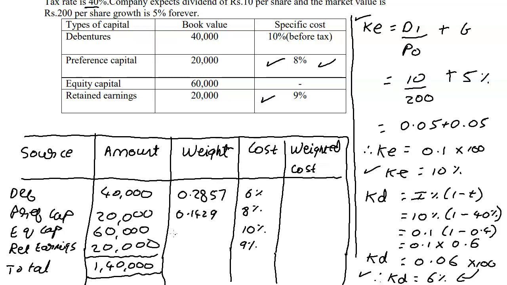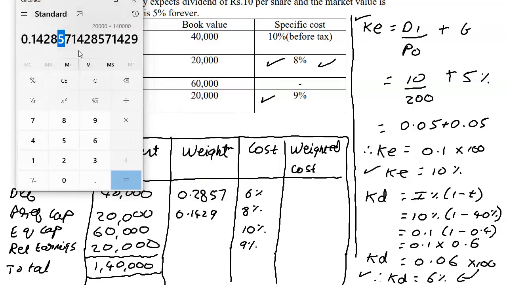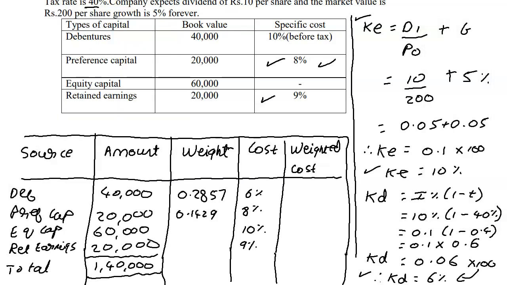Then 60,000 upon 140,000 is 0.4285, and the last digit 5 or more means it becomes 0.4286. And 20,000 upon 140,000 we already know is 0.1429. Now we multiply weights into costs.